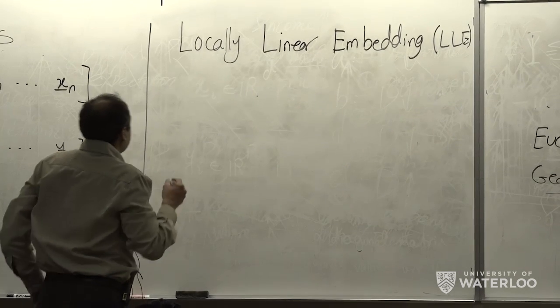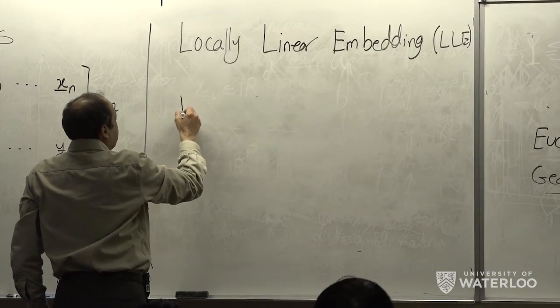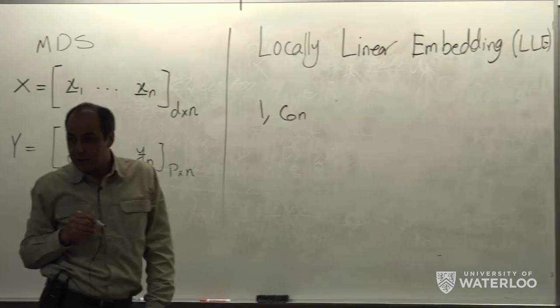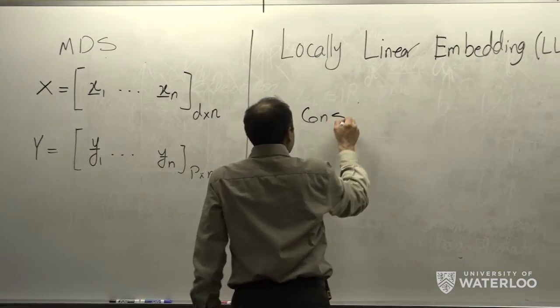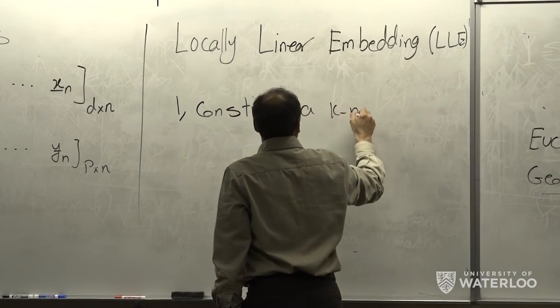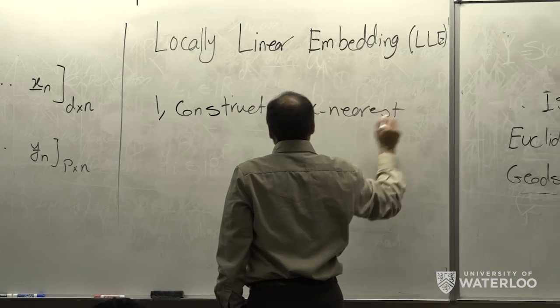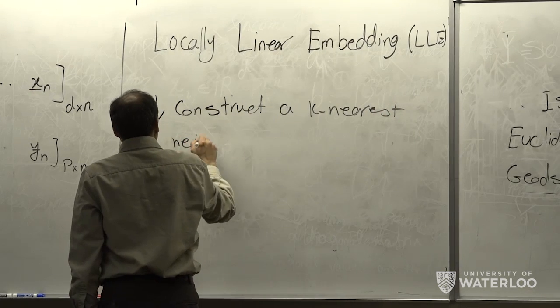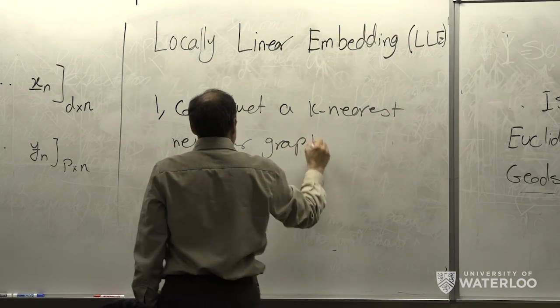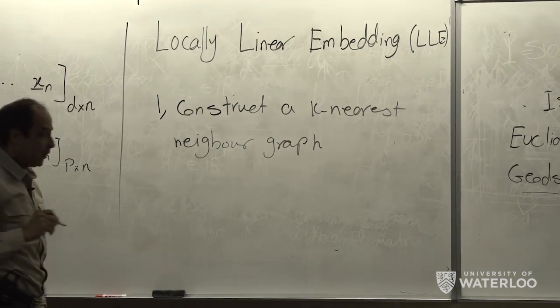The first step of LLE is similar to Isomap: construct a k-nearest neighbor graph.